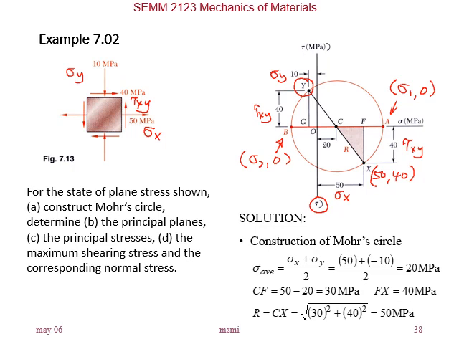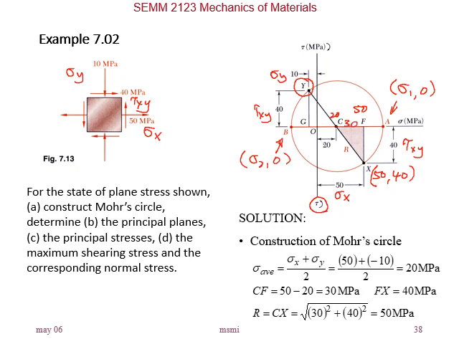So from geometry, we know that point F is sigma x or 50. Point C is the average value of the normal stresses, which is 50 minus 10 divided by 2. Right? So it is 20. That's sigma average. So it is 50, this is 20. So the length CF will be 30, right?